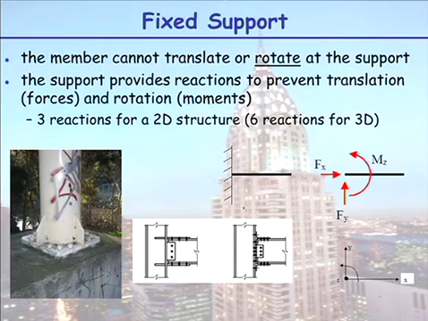If you were dealing with a steel column joining onto a steel beam, to get that to assume a fixed connection, you would have to have connections at the web level, at the upper flange, and at the lower flange here. So no relative rotation is allowed between the column and the beam.